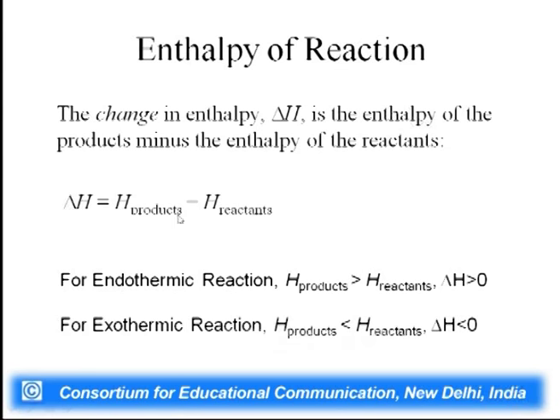So, delta H is H product minus H reactant. For an endothermic reaction, H product is greater than H reactant, so delta H is greater than 0. For an exothermic process, H product is less than H reactant, so delta H is less than 0.